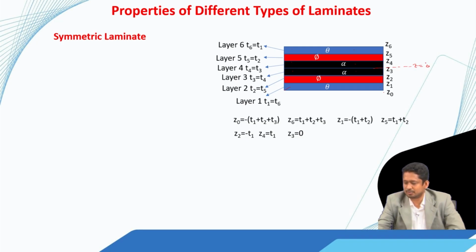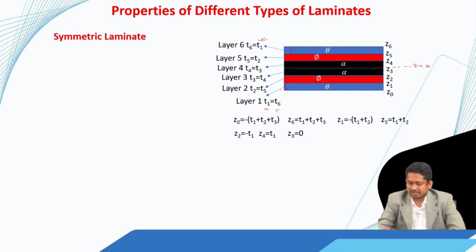So, Z3 is equal to 0. We also assume that the thickness of the bottom layer is T1. For symmetry, the thickness of the top layer also has to be T1, so the layer 1 thickness T1 is the same as the thickness of layer 6, T6.